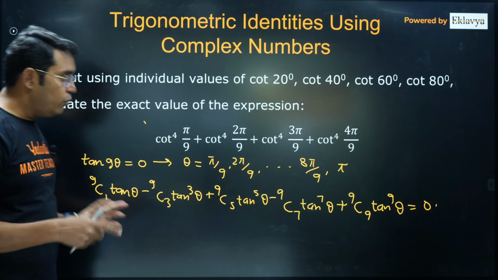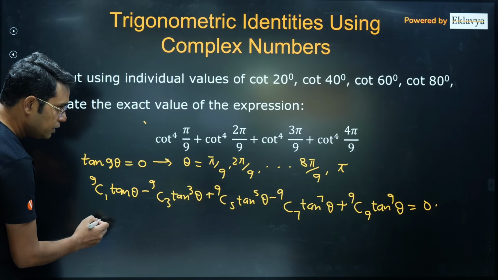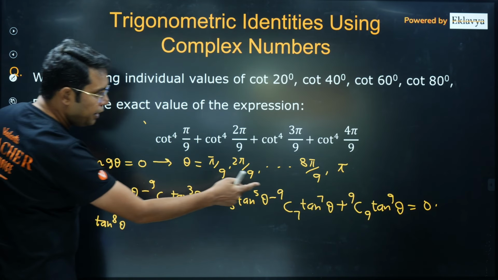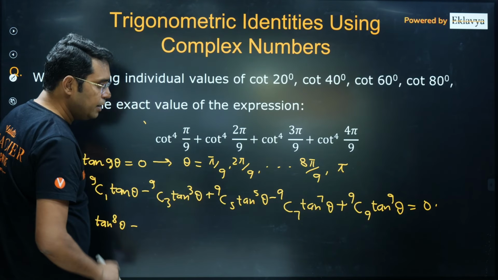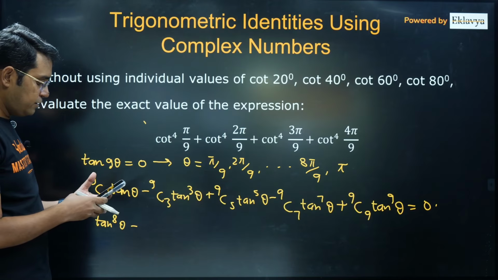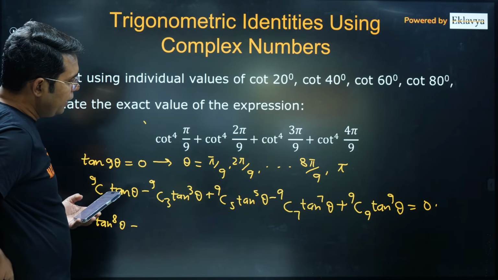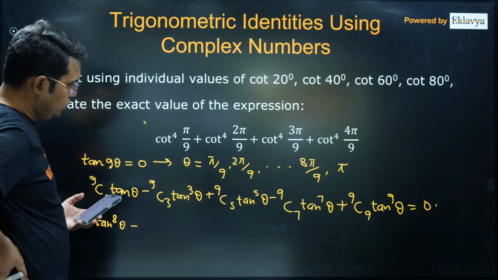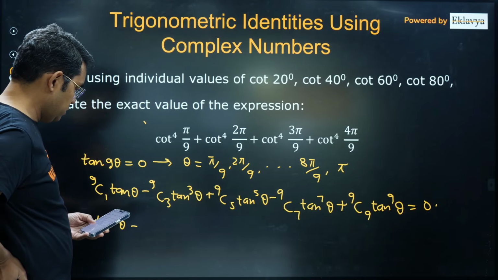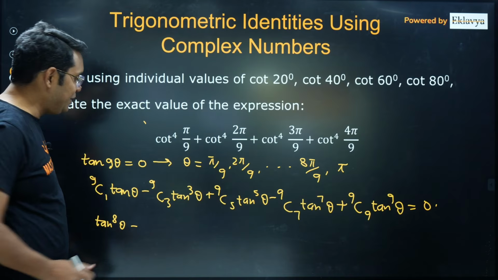So if I remove tan, let me write those things first here: that will be tan power 8 theta, and then minus 9c7. 9c7 is how much? 9 into 8 upon 2, I think 24 if I am not wrong. Let me just check. 9 into 8, how much? 72 upon 2 factorial. Sorry, 72 by 2 is 36.